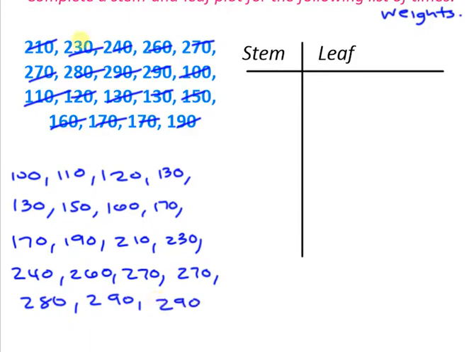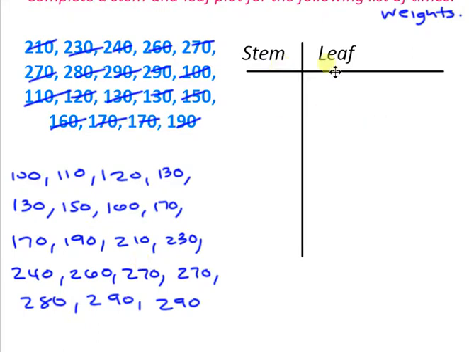And then always go back and double check to make sure you have the same number. So you should have 19 total numbers.